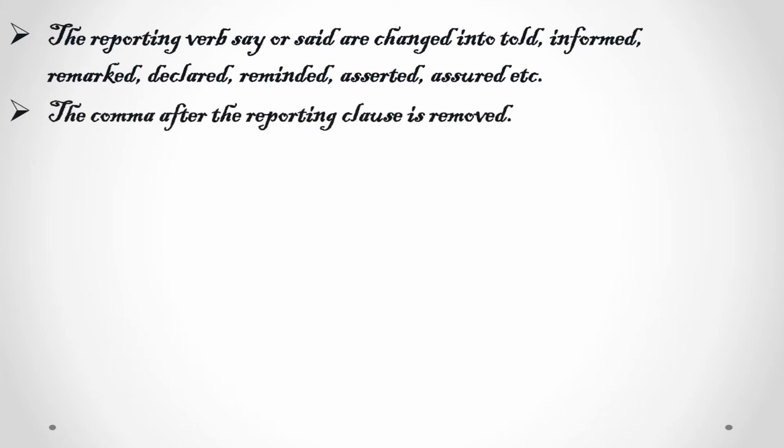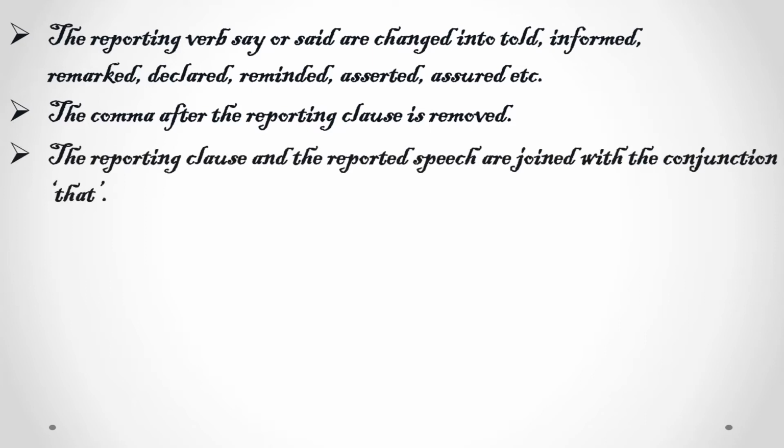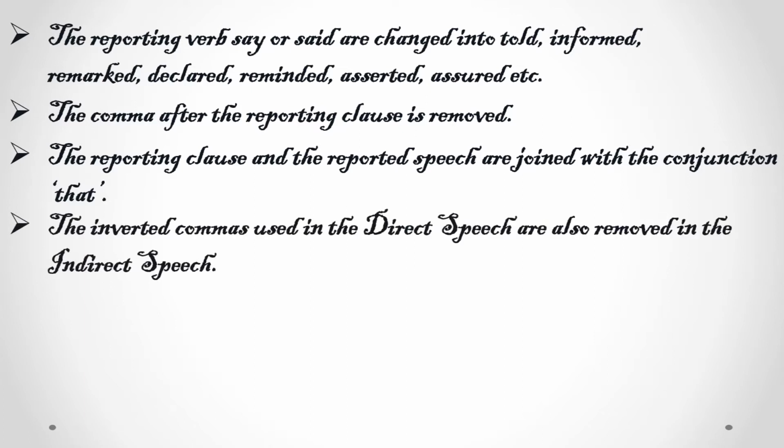The comma after the reporting clause is removed. The reporting clause and the reported speech are joined with the conjunction that. The inverted commas used in the direct speech are also removed in the indirect speech.